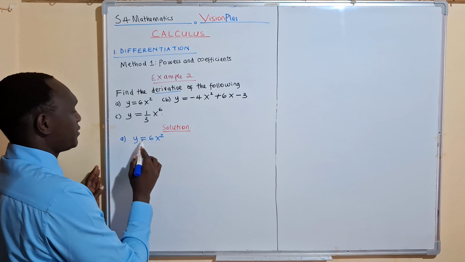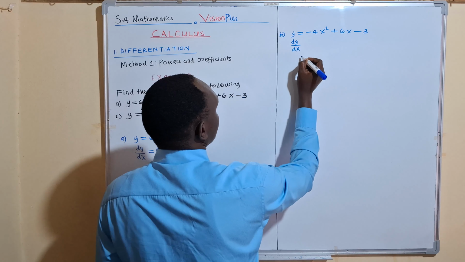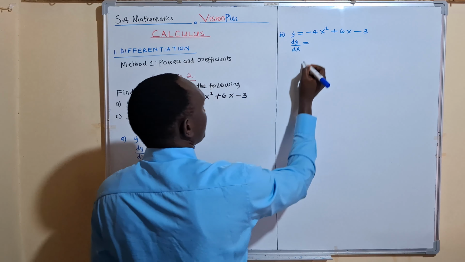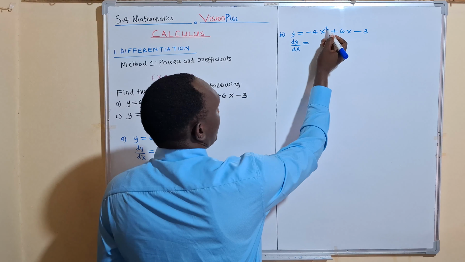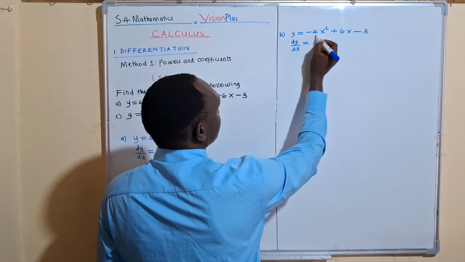Part B says that we have the function y defined by negative 4x squared plus 6x minus 3. And that we need to find the derivative of that function. So we are going to differentiate. So we shall say differentiating y with respect to x, which is dy dx, becomes, we lower the power of x. We consider them a term at a time.